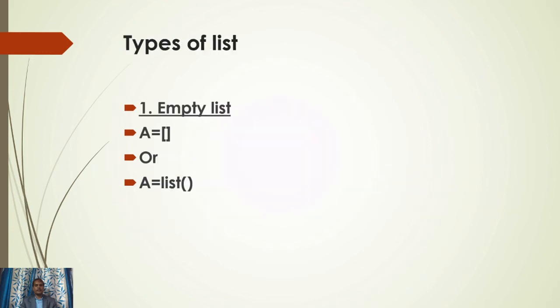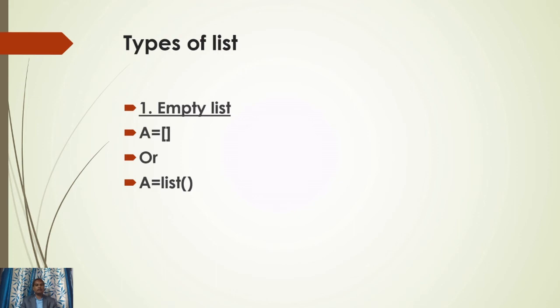Types of list. There are 3 types of list. Number 1, empty list. A list with no elements is called an empty list. See the example: A is equal to empty square brackets.